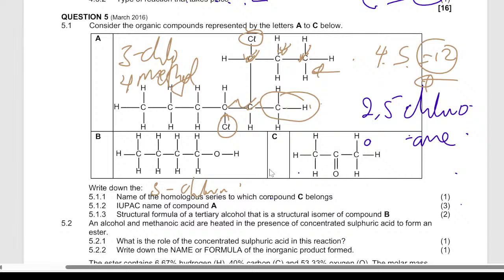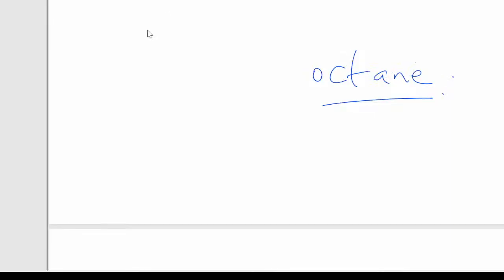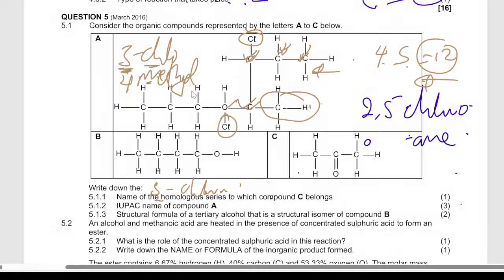Are you there? So now I have to add them. C and M, which one is first? It's C. So the first chloro is on 3, the second chloro on 5. So I'll come here, I'll say 3, 5 chloro. Remember there are two of them, it's this and this.